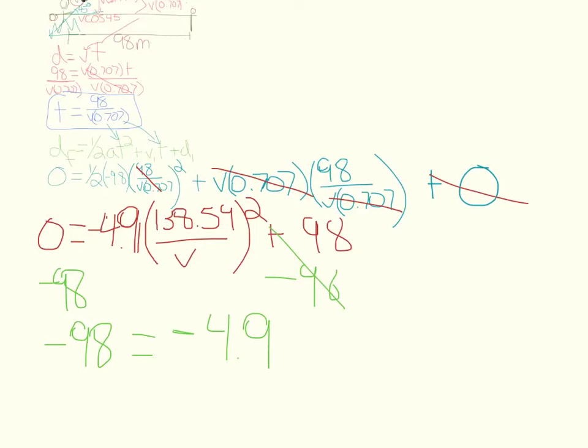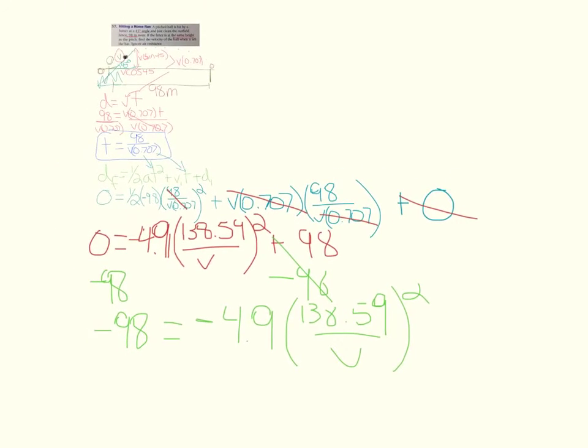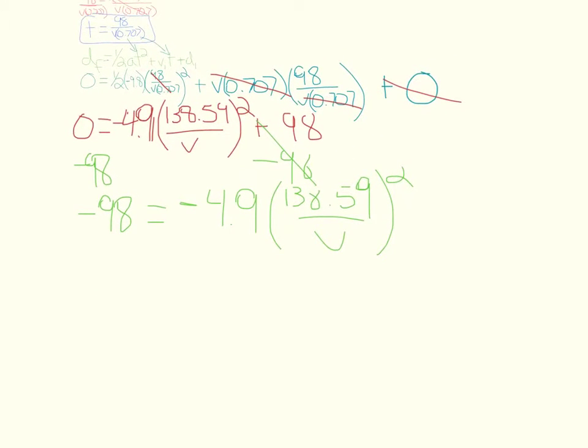So we have negative 98, that's a 9, not a 4, equals negative 4.9 times 138.59 over v squared. And then, let's do this first.